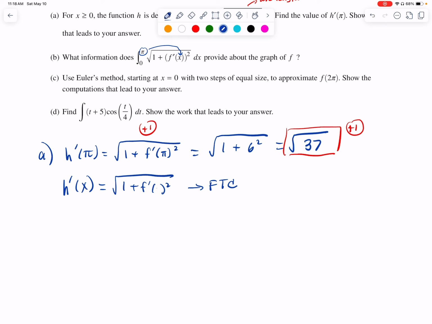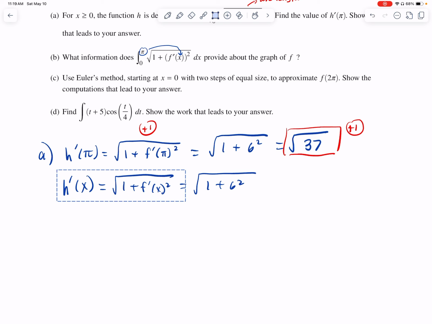Or here's another thing that sometimes kids do, and I see this all the time on people's papers: they generally work it out and say that this thing is equal to the square root of 1 plus 6 squared. And this is what the scoring guideline considers a linkage error. Whenever you're saying that this function right here is equal to a function value, which is incorrect.